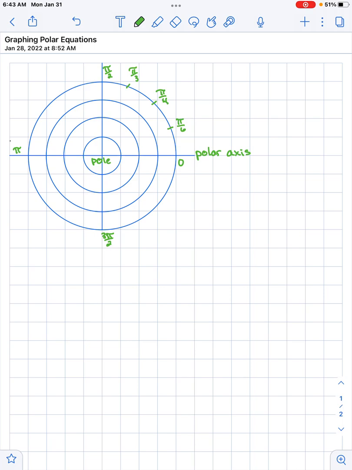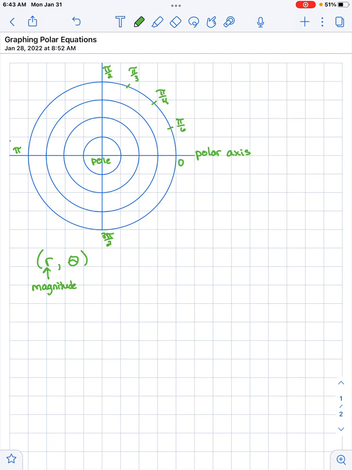Let's just graph a couple points so you can see what it looks like to graph on a system like this. The way a polar coordinate is written is r comma theta. So r is the length, or the magnitude, if you will. How far out we go, I guess would be another way to say it.